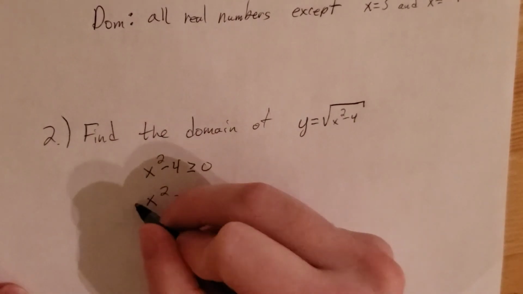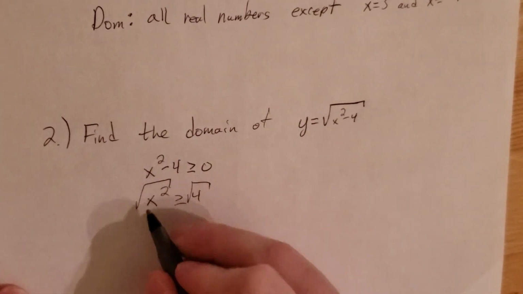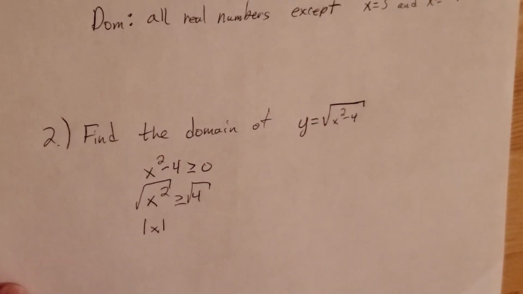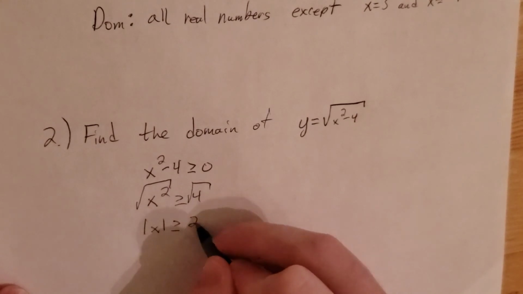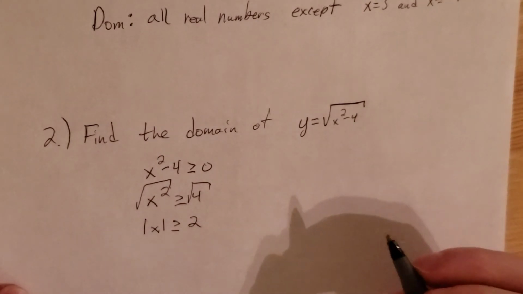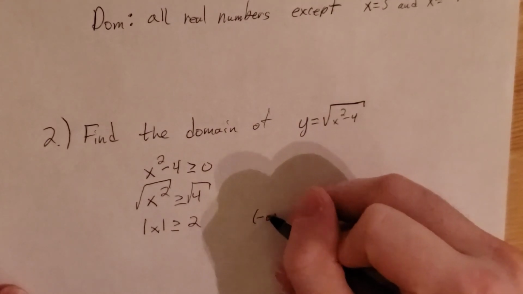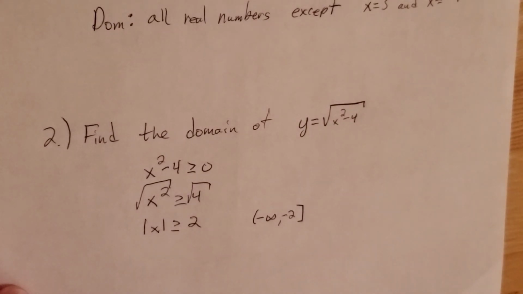Now we take the square root of both sides, and the square root of x squared is the absolute value of x. So the absolute value of x is equal or greater than 2. Well, this gives us two intervals. We have the interval negative infinity to negative 2, including negative 2.